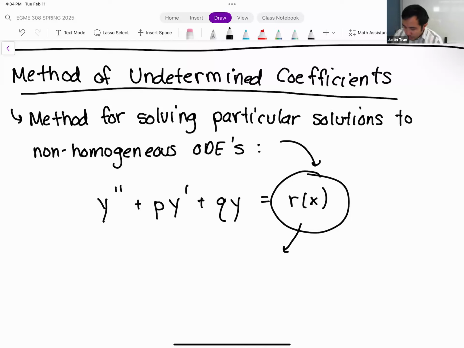And our general strategy with the method of undetermined coefficients was to say that our particular solution, or the part of our solution that solves this part, should have the same functional form.